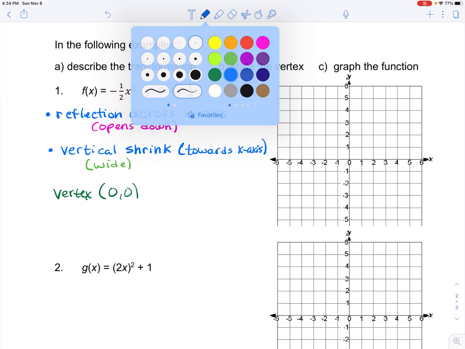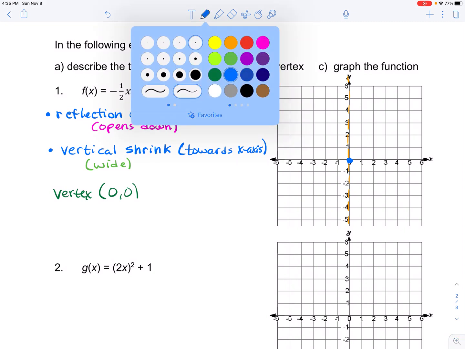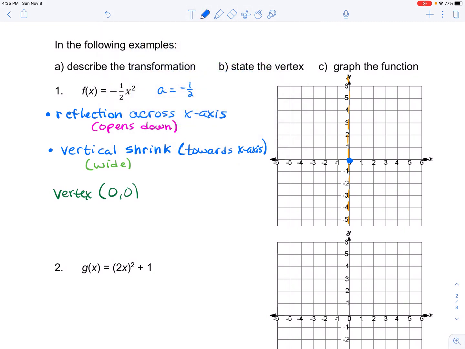Okay, so let's plot 0, 0, our vertex. Now, once you find a vertex, you know your line of symmetry. Remember your symmetry line when we did reflections and translations and so on? Well, the symmetry line was for reflections. And if we plug in 2, I'm using 2 because it's an easy number. 2 squared is 4, and -1/2 of 4 is -2.